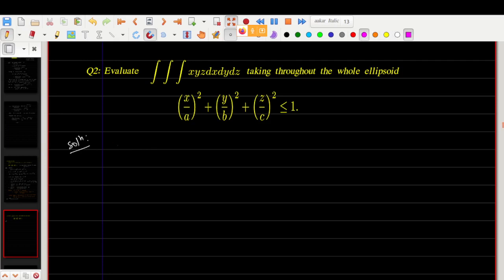So let me write a remark. You can obviously solve by polar coordinates.